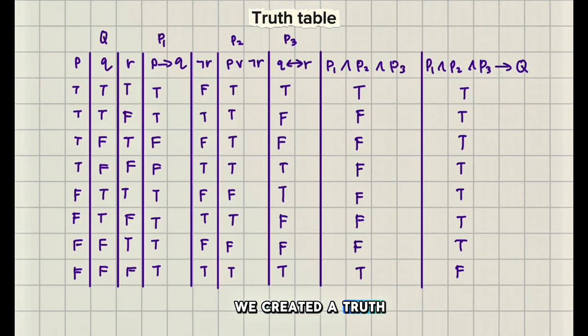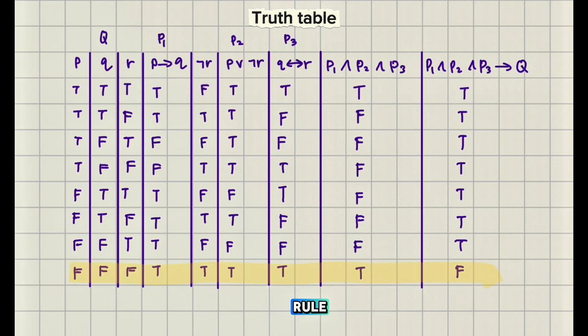We created a truth table based on our premises and assigned the truth value for each statement. Based on the truth value, we can compare the first row and the last row. In the first row, all the premises P1 and P2 and P3 are true, and the conclusion Q is also true. This happened because in an implication, when the premise is true and the conclusion is true, the statement will remain true.